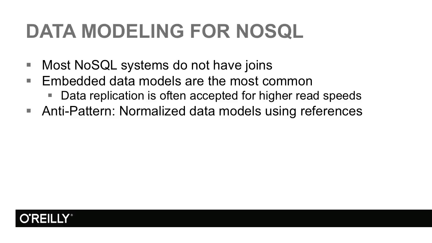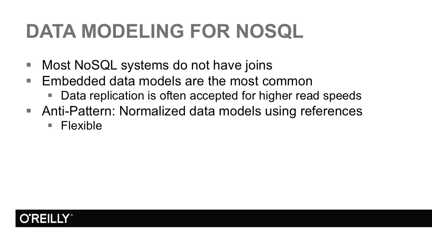One of the anti-patterns that we often see when we examine the databases that are too slow is when we have a conventional relational database developer who carries the knowledge from relational databases into NoSQL and starts organizing the tables as they would do in a relational way. Normalized data models using references are typically going to result in very poor performance of the systems. That is the most important anti-pattern.